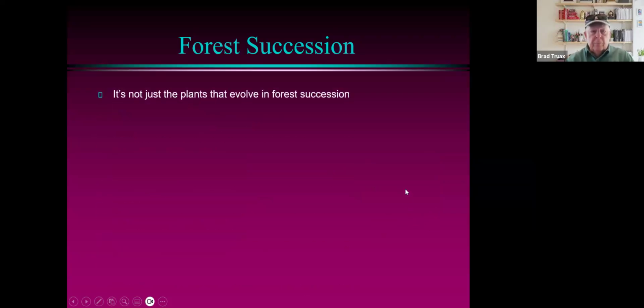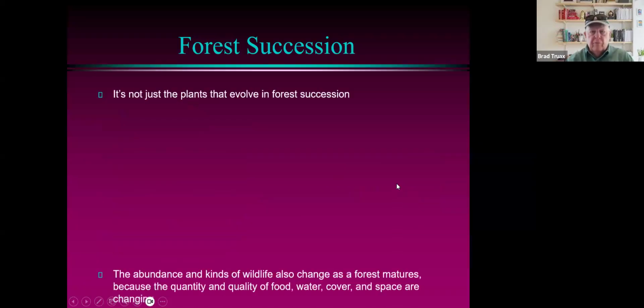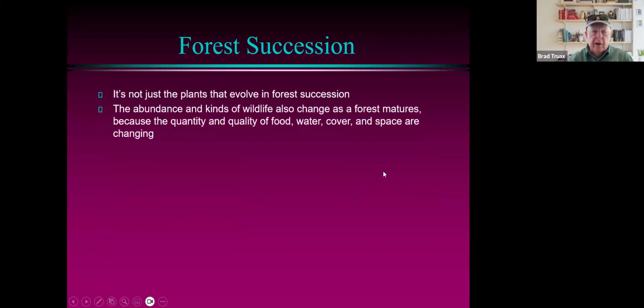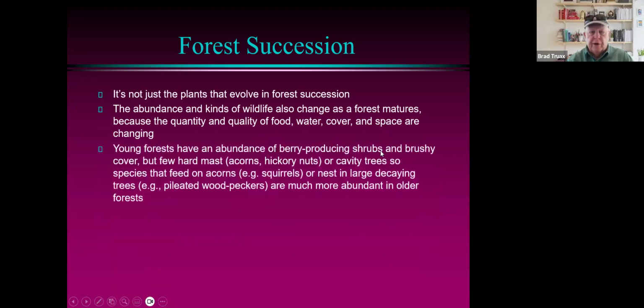So again, it's not just the plants that evolve during a forest succession. The abundance and kinds of wildlife also change as the forest matures because the quantity and the quality of food, water, cover, and space are constantly changing.